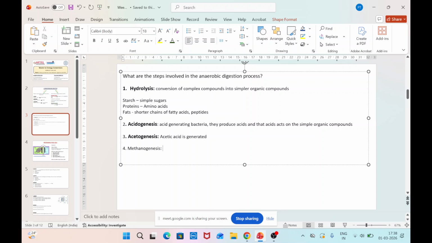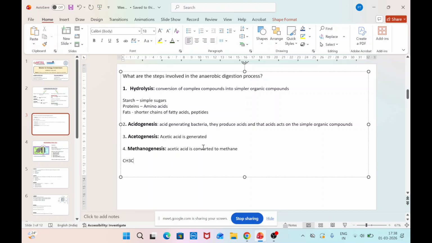So methane is generated in this step, and that step is called methanogenesis.